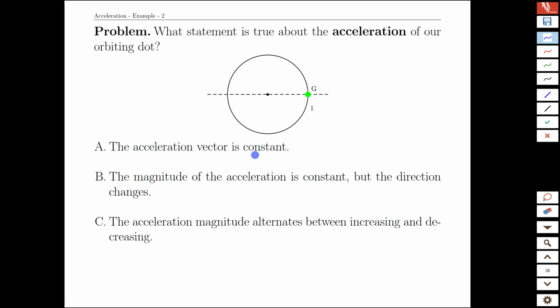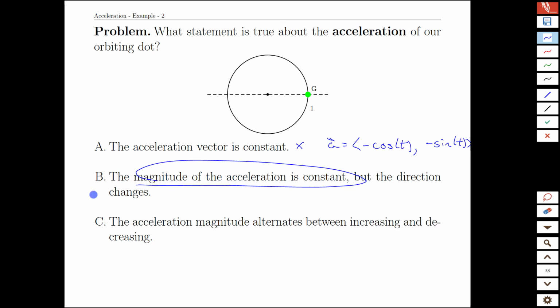The acceleration vector is constant. Well, that's pretty clearly not true, simply because we have a formula for the acceleration, and we can tell that if we sub in different values for t, we're going to get different values of the acceleration vector. What we can see, though, is that the magnitude of the acceleration is constant.